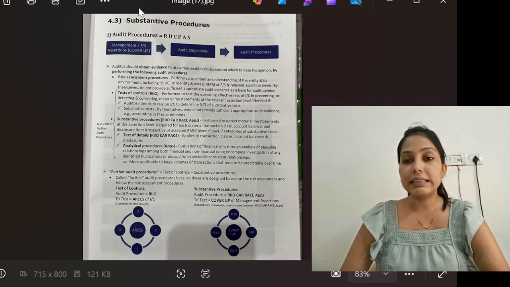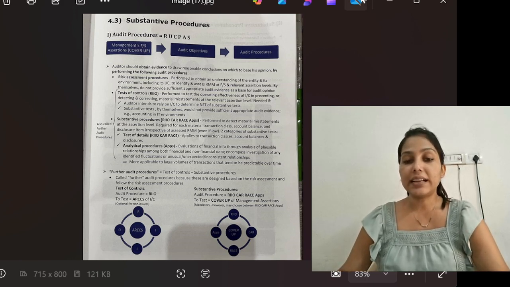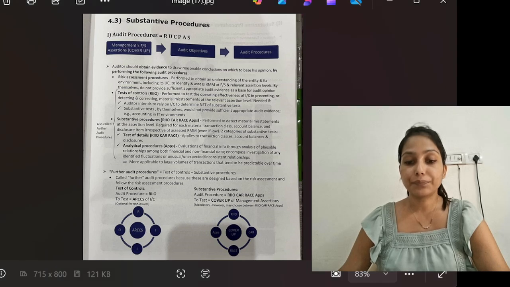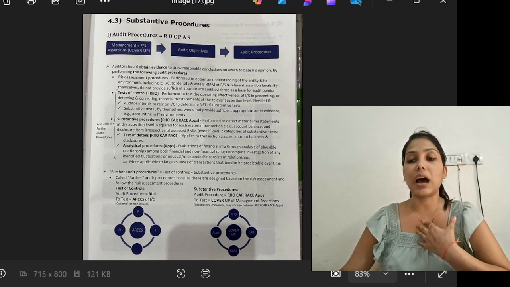So the analytical procedure is more applicable to a large volume of transactions that tend to be predictable over time. So as we understood here, what the substantive audit procedures are and what parts make up the further substantive audit procedures.